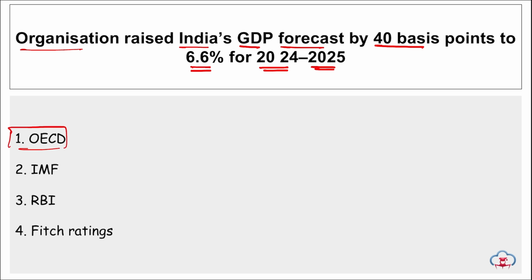That is, OECD stands for Organization for Economic Cooperation and Development, and they have raised India's GDP for FY25 by 0.4%, or we can say by 40 basis points. And what is the projection here now? 6.6%. Earlier it was 6.2%, but as it has been increased by 0.4%, it is 6.6%.